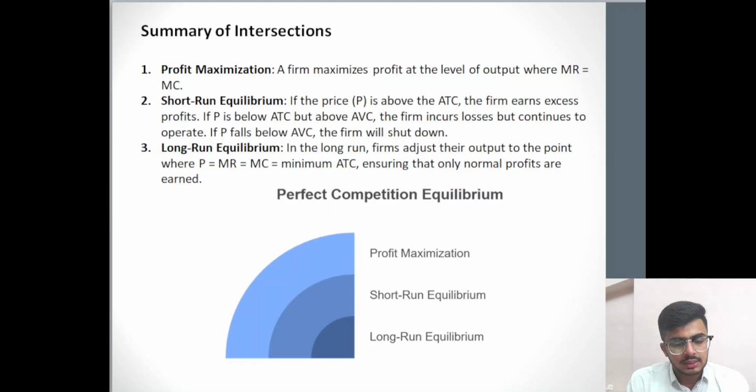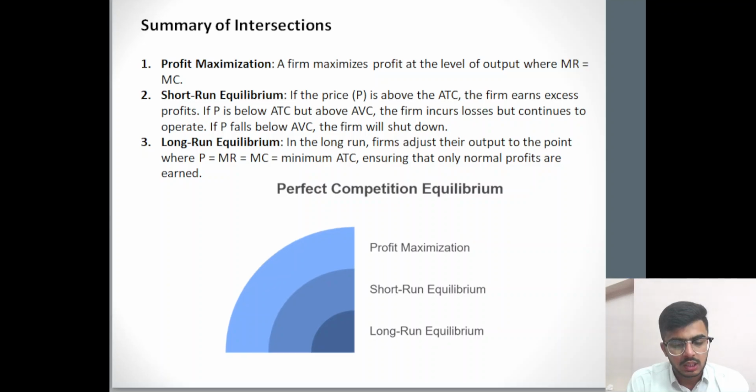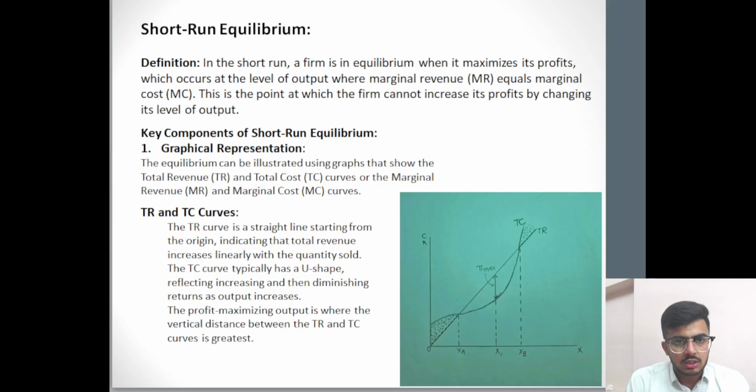Losses, when average total cost is greater than price but price is greater than average variable cost. And the shutdown point is when price is smaller than average variable cost. So these are the short run equilibrium conditions and the curve diagram.